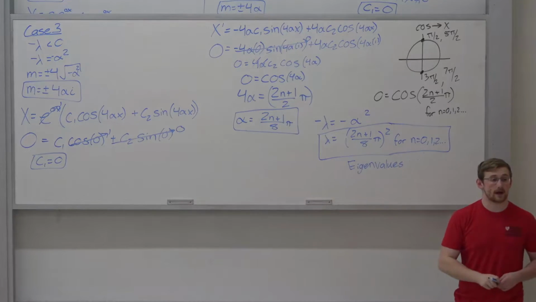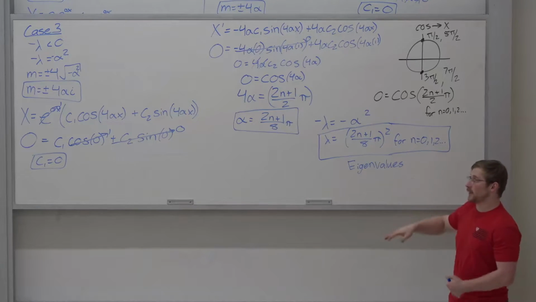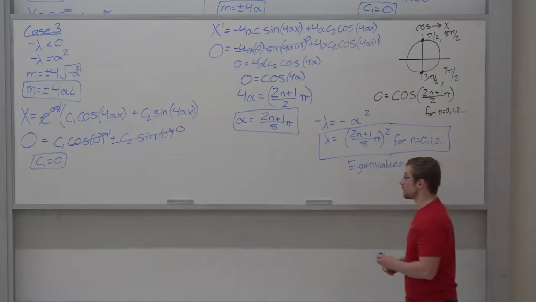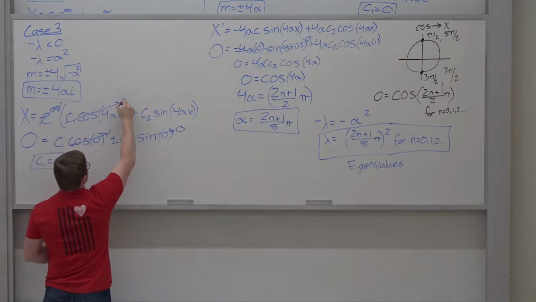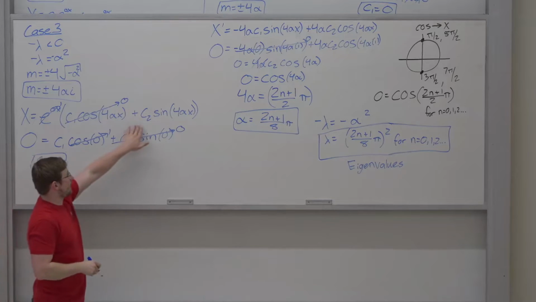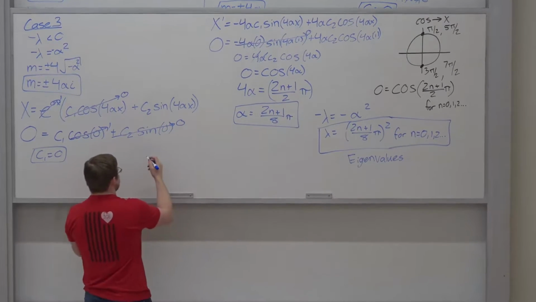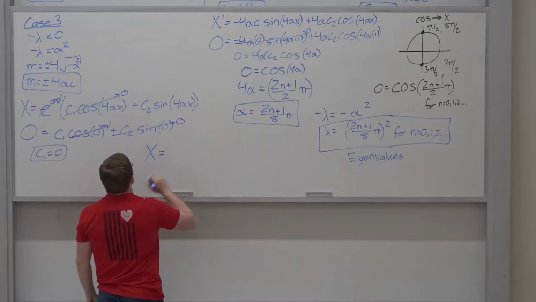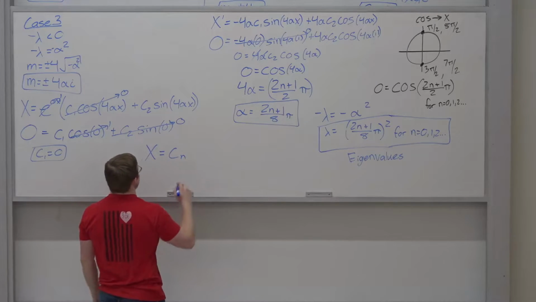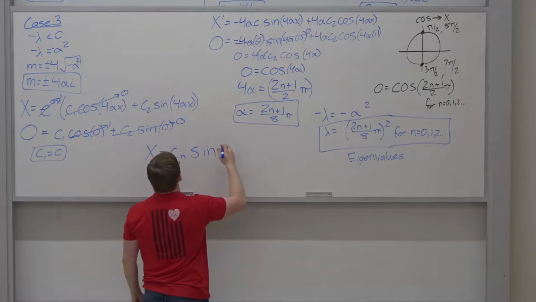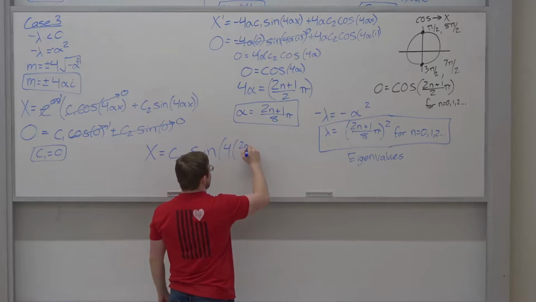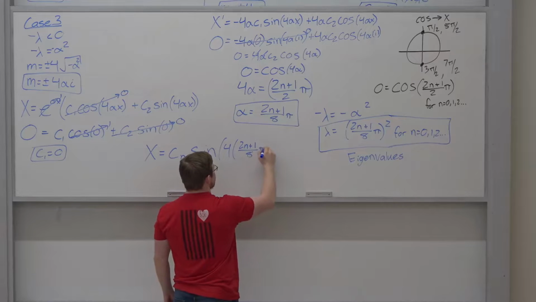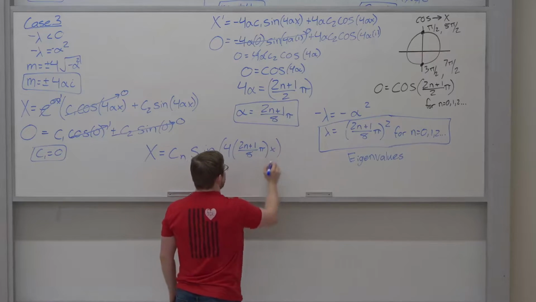So now what are the corresponding eigenfunctions? Well, I look in my case 3 to see where's my function x. And my function x is right here. Well, I already found out that C1 is equal to 0. This whole term can go to 0. And now I can plug in right here with the value of alpha that I now found. So my capital X is going to be equal to C sub n times sine of 4 alpha, and I'm going to plug in this: 2n plus 1 over 8 pi times x.